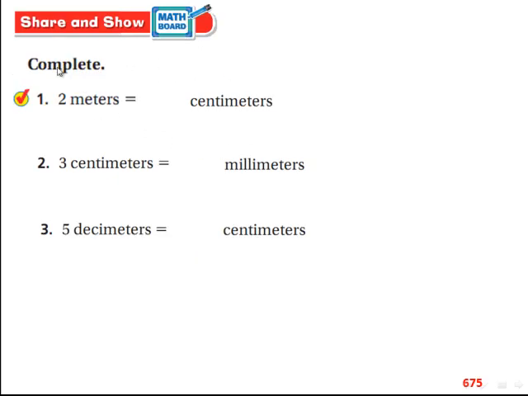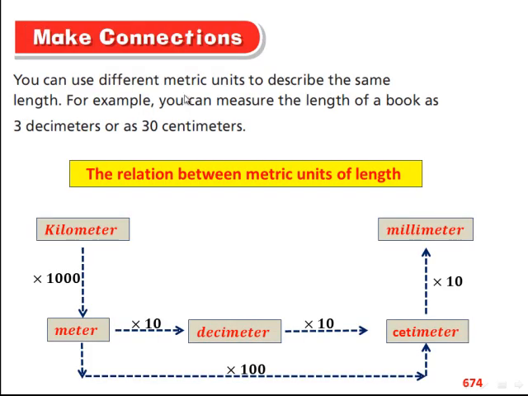Here guys, show time. Let's practice. Example 1 says 2 meters equal how many centimeters? If you come back to this plan, you will know how many centimeters in 1 meter.